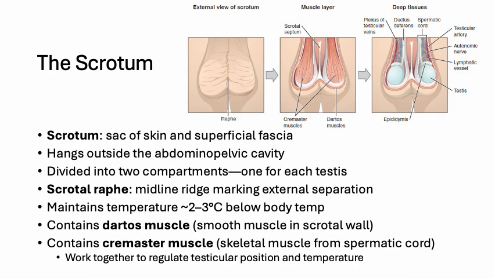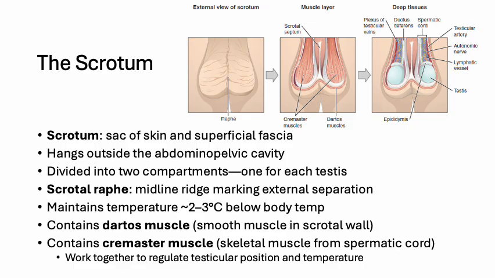The scrotum is a skin-covered sac that supports the testes and plays a key role in temperature regulation. It lies outside the body cavity, allowing the testes to remain about 2 to 3 degrees Celsius cooler than the body's core, which is an essential condition for effective spermatogenesis. The scrotum is divided internally into 2 compartments, each containing 1 testis.